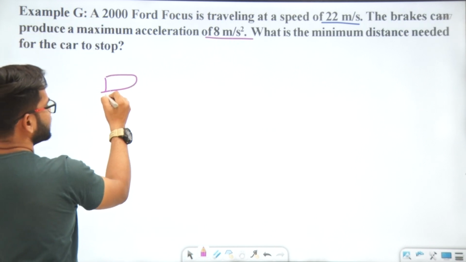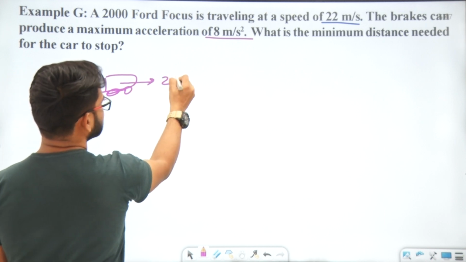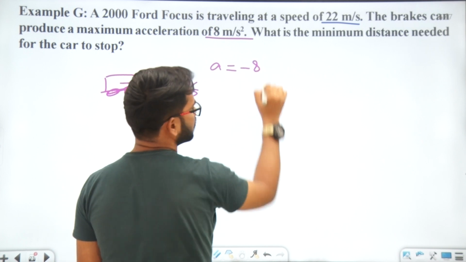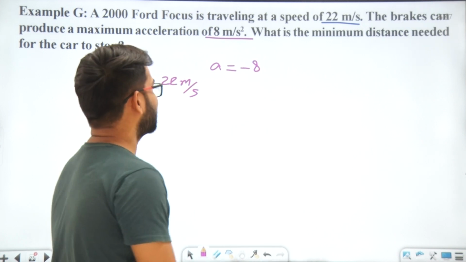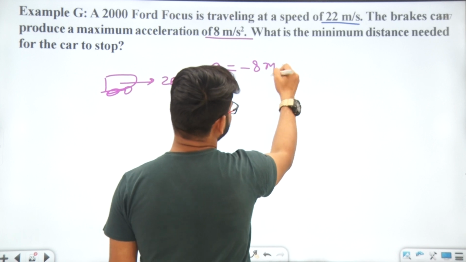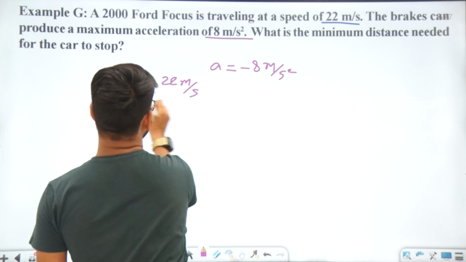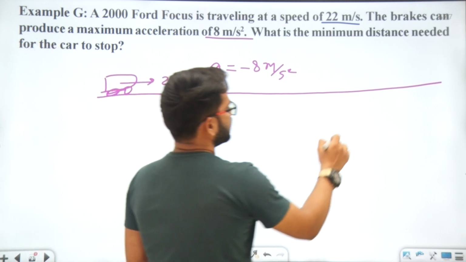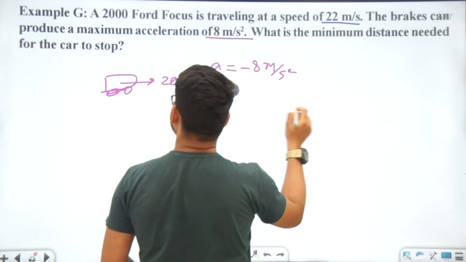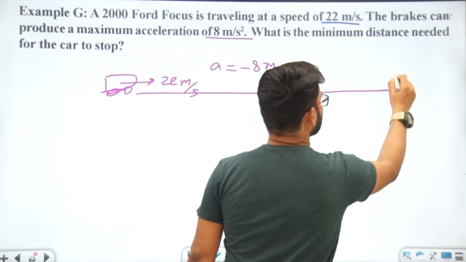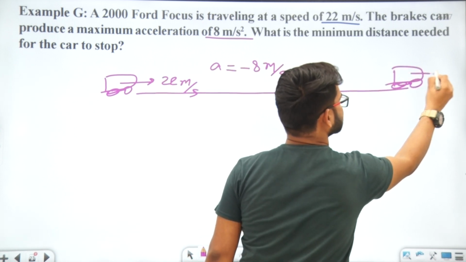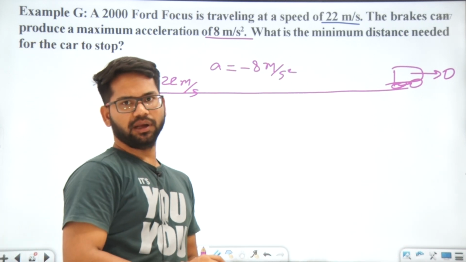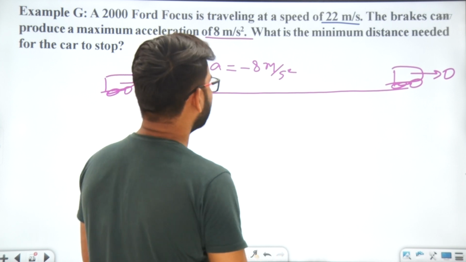So a car is moving with a speed of 22 meters per second and we are applying the brake, so negative acceleration, minus 8 meters per second squared. And it's going to stop, so its velocity will become 0. So here distance and displacement have equal magnitude.